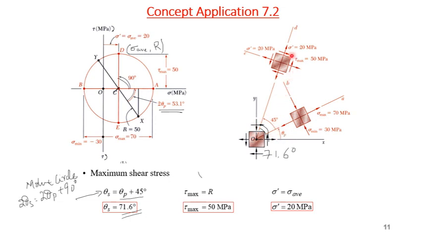At this orientation, it is shown away from the original, but actually we are rotating the original element just to show the nature and values of the stresses. So if we rotate this element by 71.6 degrees, we have the maximum shear stress, equal to 50 megapascal, and the average stress will be 20 megapascal.